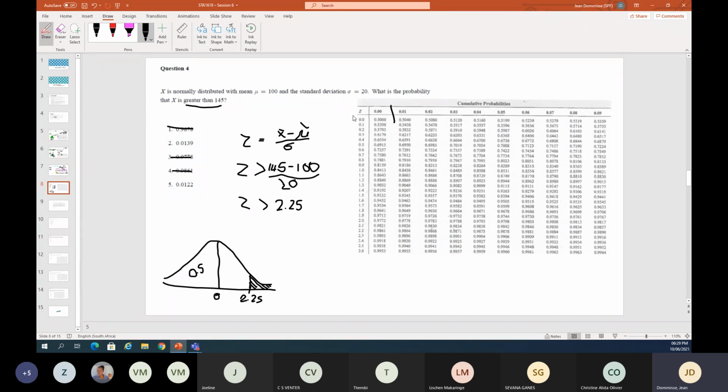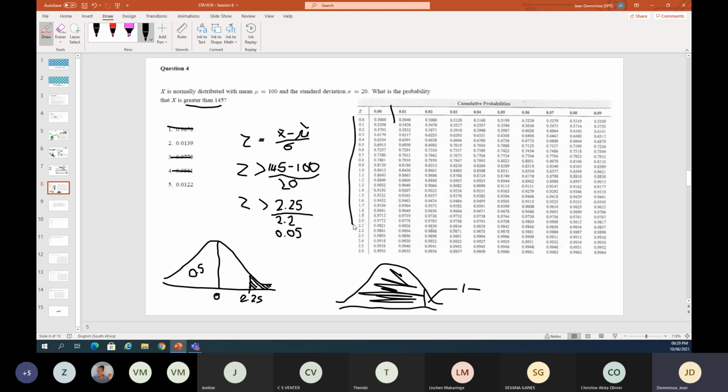So this again is the positive table, and remember it gives us this whole area. To get that small area, we will need to say 1 minus whatever we get out of this. So let's do it again. We will go down 2.2 and across 0.05, because that will then be the 2.25.